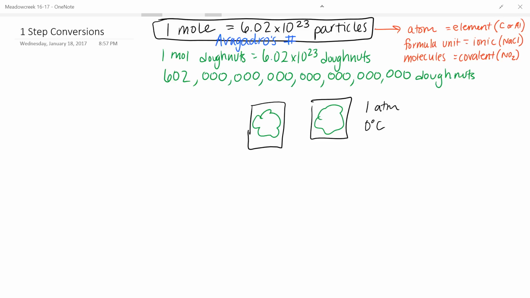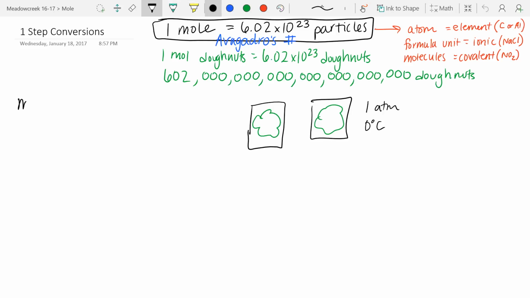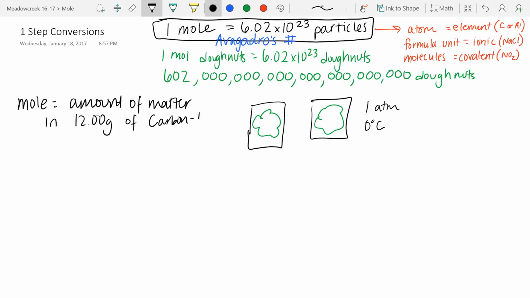Now, when you weigh 1 mole, we also know that our definition of the mole is the amount of matter in exactly 12.0 grams of carbon 12. Essentially, he got a pure sample of carbon 12, exactly 12 grams, and calculated how many atoms there were. And that was Avogadro's number.